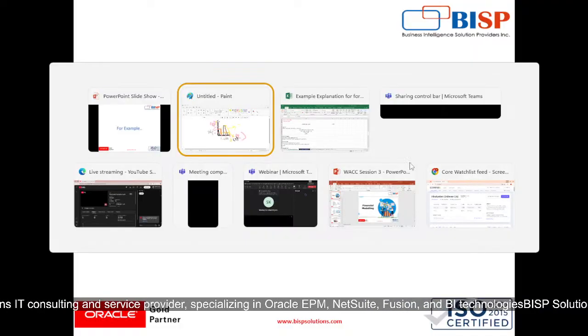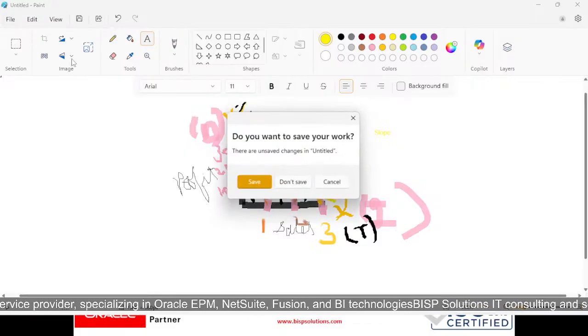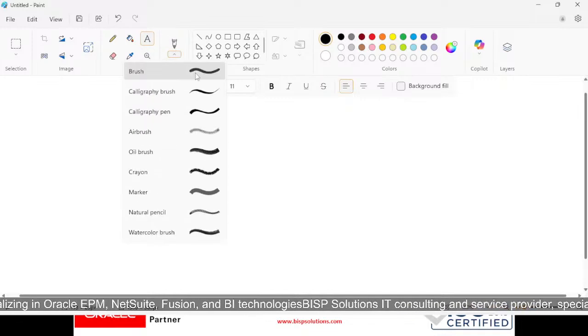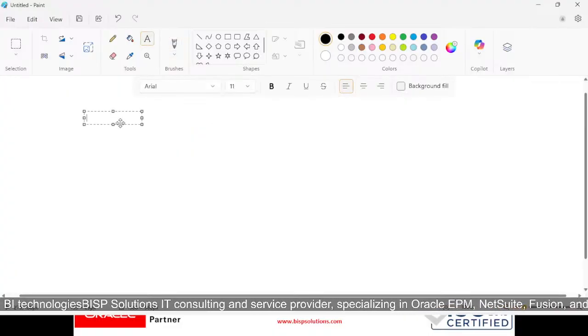Now take an example for the same. If we open a new example over here, first is about healthy eating proportion.